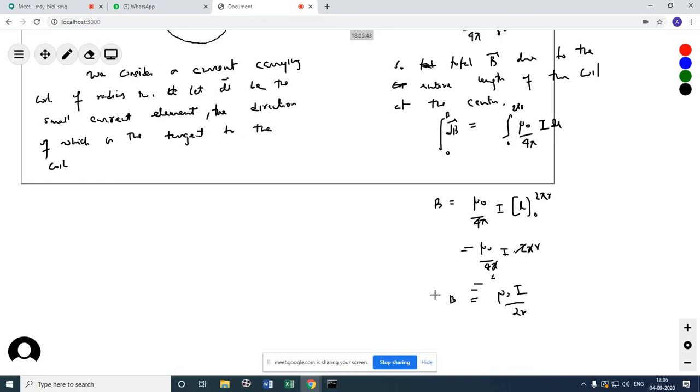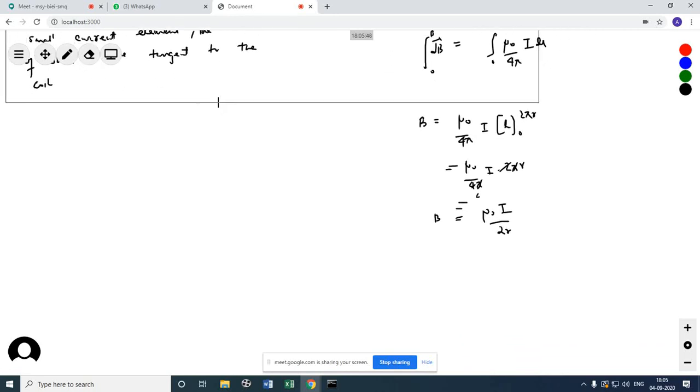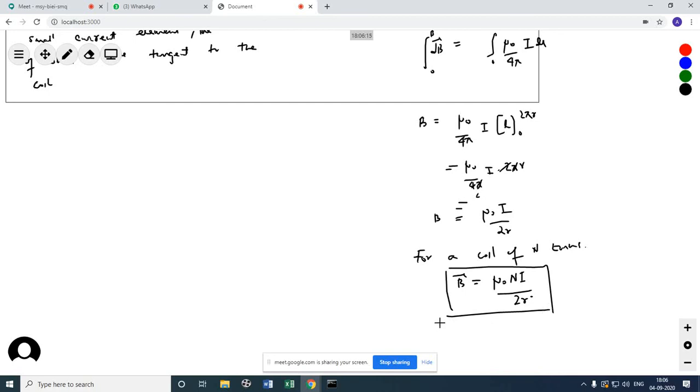That means if I add all the dl, I am going to get the total magnetic field, no? And how do you do that? We do it by integrating. So total B due to the entire length of the coil at the center will be what?